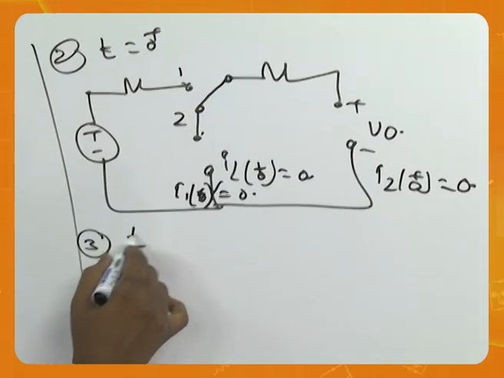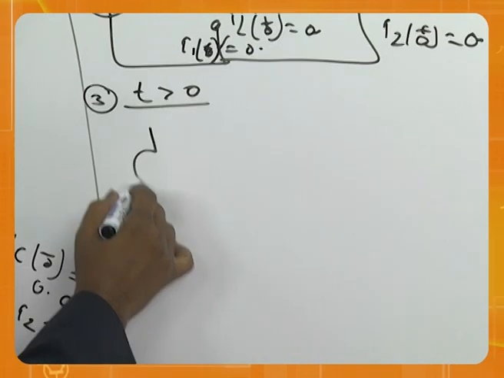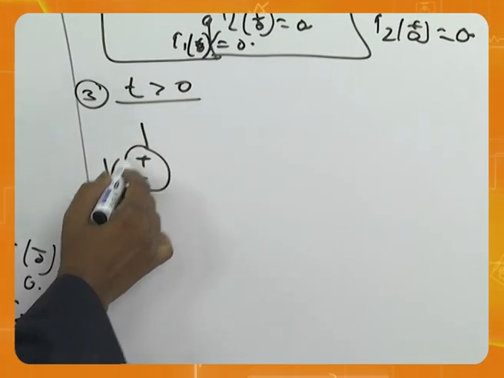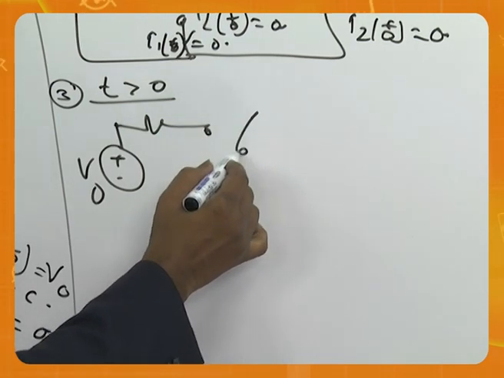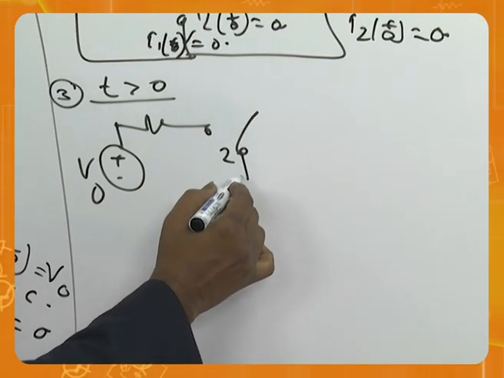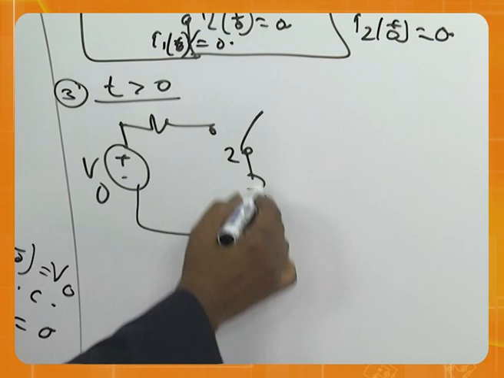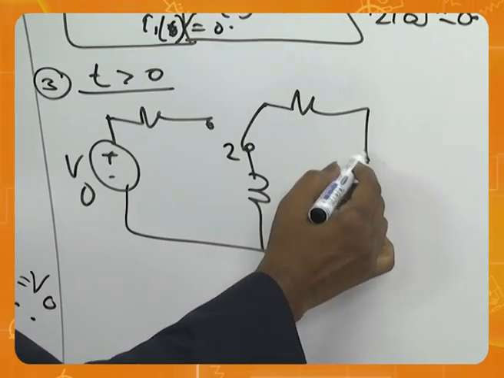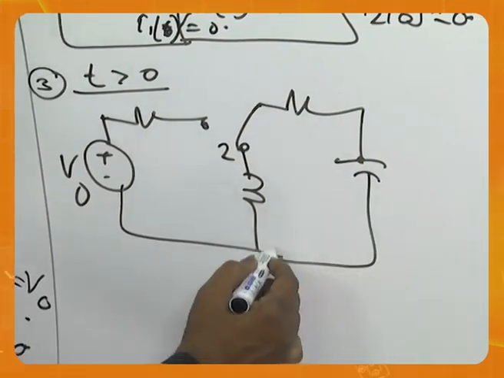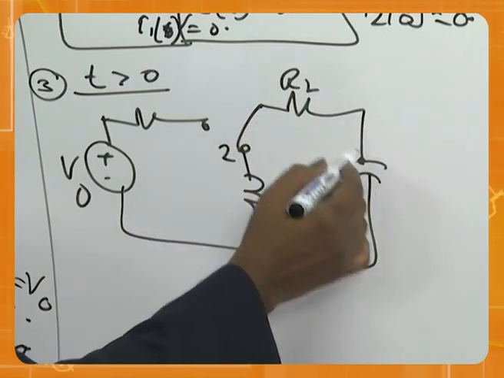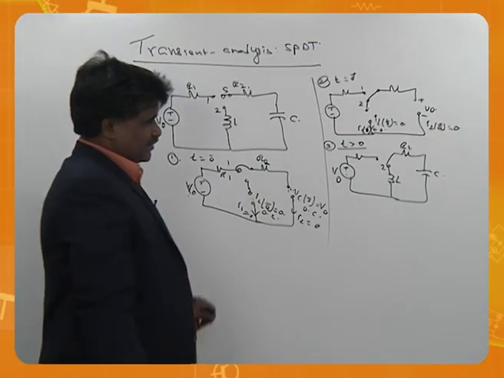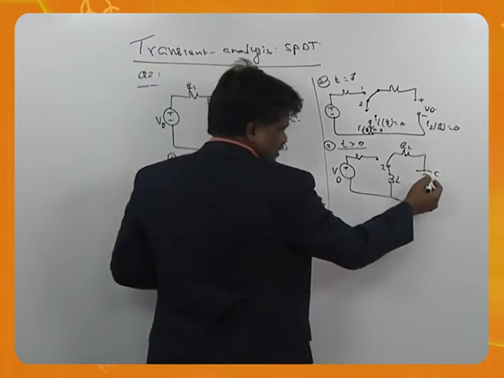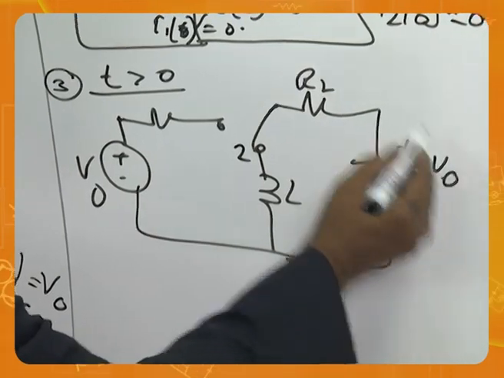Third point, t greater than 0. V0 is here, the switch is at position 2, the inductor is present, the capacitor is also present, L, R2, C. Now please observe here. Whenever you say the capacitor is here with voltage, better say V0.